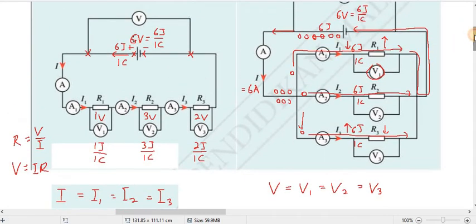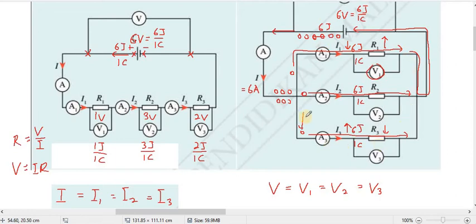Okay, look at here one more time. If in 1 second 6 coulomb, that means here also must be 1 second 6 coulomb, and here also must be 1 second 6 coulomb. So the total charge that passes through I1, I2, I3 every 1 second must be the same as this one, 1 second 6 coulomb.